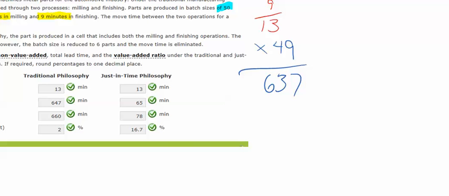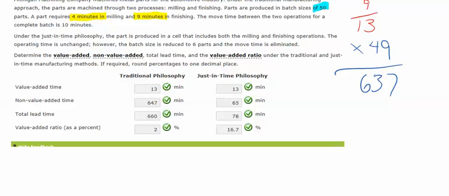In addition to that, I have 10 minutes for the movement time between the two units. So I can add 10 minutes to this number, and I get 647 as my non-value added time under the traditional philosophy. And of course we determined that we had 13 minutes value added under the traditional method.